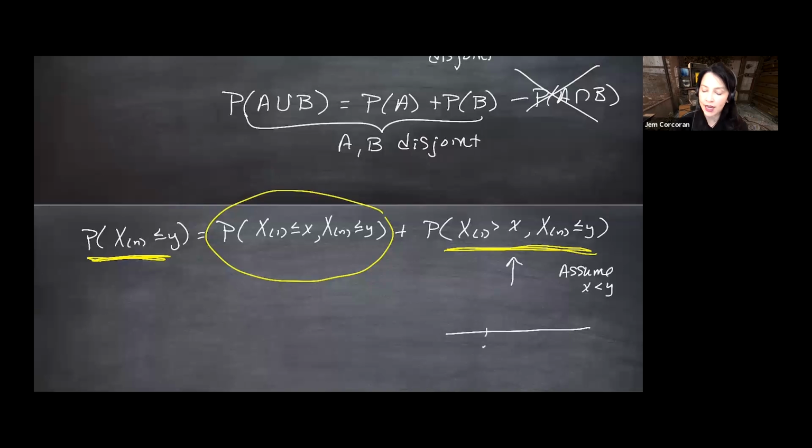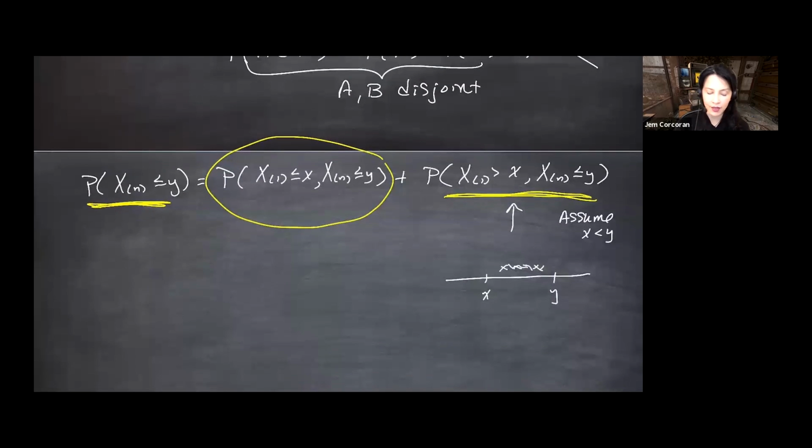But if you draw an x and a y on a number line, you want a sample to fall in some way that the minimum is above x and the maximum is below y, and that means they're all in between. So the probability that we're trying to find over here, with the usual goal of rewriting it in terms of the individual x's, is the same thing as saying x1 is between x and y. The equals part doesn't matter for these continuous things.